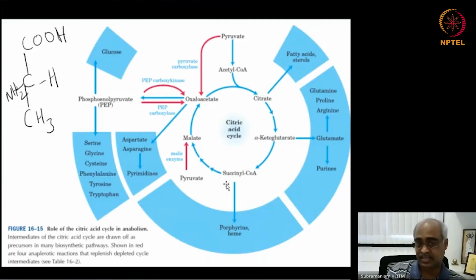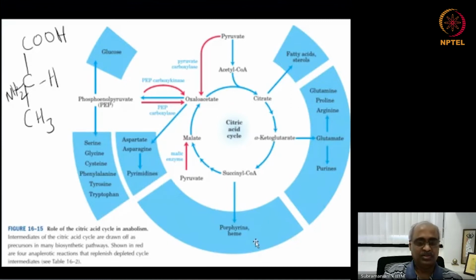And succinate is important for porphyrin, which is the porphyrin rings attached is what is heme, and heme is the prosthetic group in cytochromes and hemoglobin where it carries oxygen. Okay, so like that, the intermediates of TCA cycle are precursors for the biosynthesis of many important molecules.